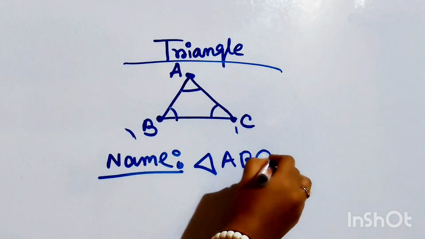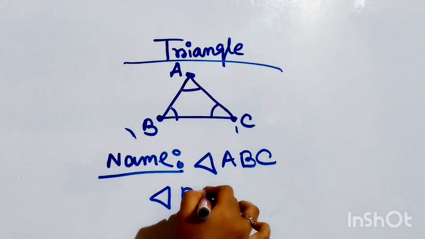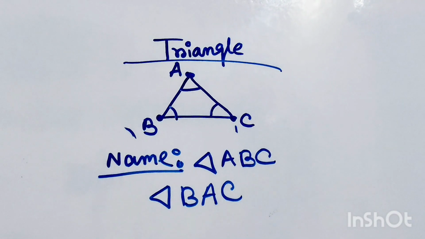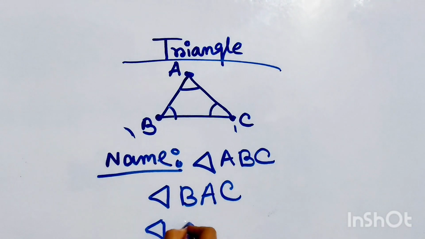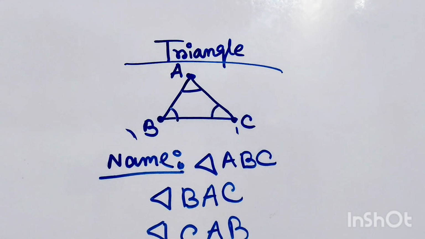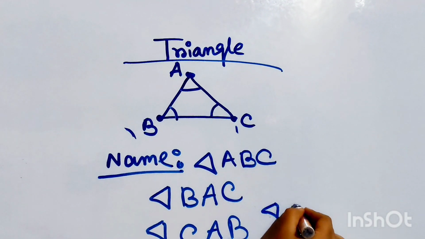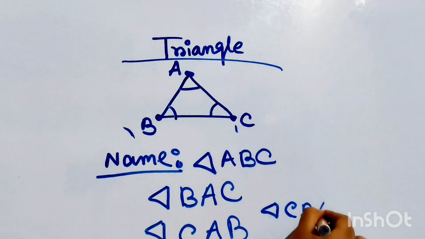Now how will you write it? See, the symbol for triangle is always drawn like this. It's a small triangle shape. Then name it anti-clockwise, clockwise or in any manner you want.